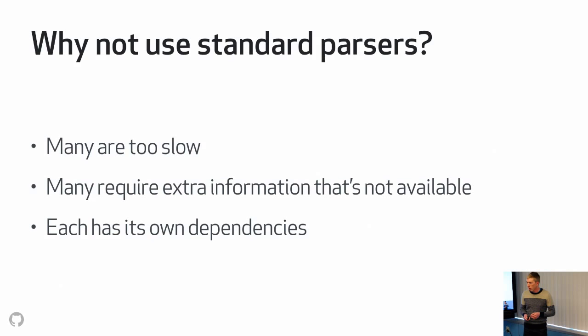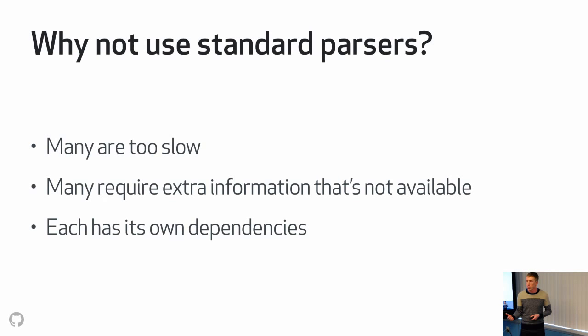Aside from performance, another big difference between these applications and applications where we can use parsers built for compilers is that in order to parse a source file, you need to know other information besides what's in the file.